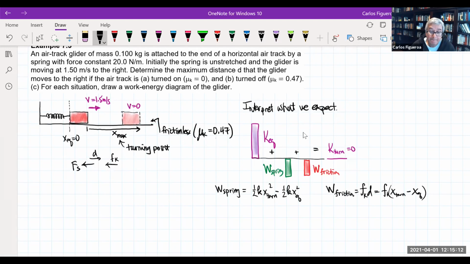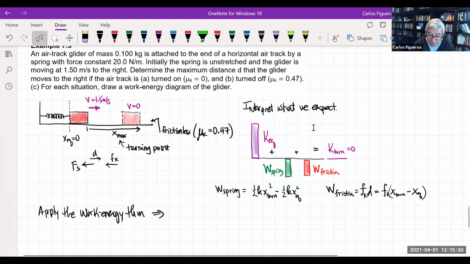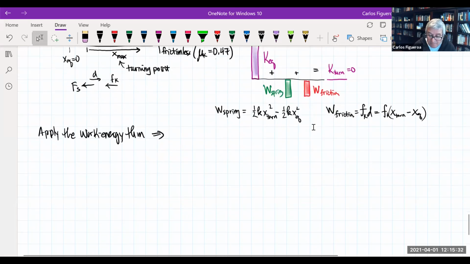So here I go. Now that I have that, I'm going to apply the work energy theorem. So applying the work energy theorem, this implies then, I'm going to go right from my picture. What does my picture say?